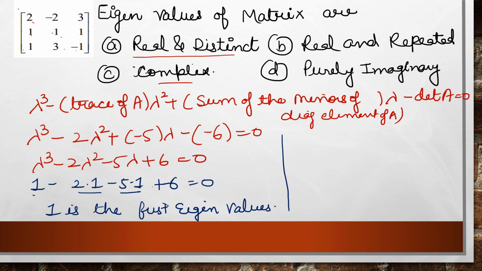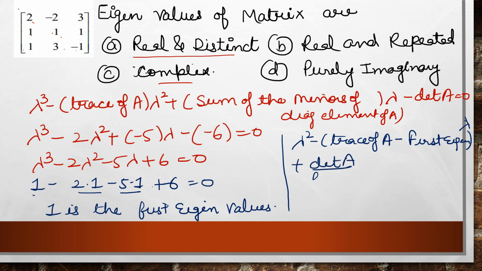So I told you the formula: lambda square minus the trace of A, meaning the sum of the diagonal elements of A, minus the first eigenvalue. This is the coefficient of lambda, I am writing here, and plus the determinant of A over the first eigenvalue, equal to 0.